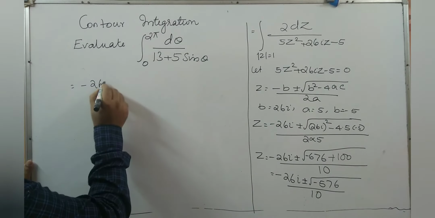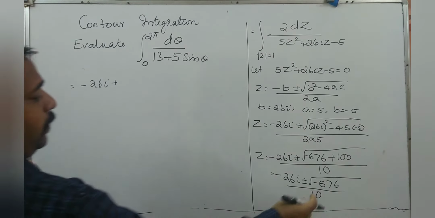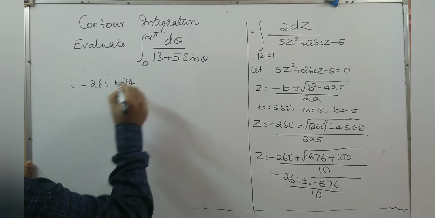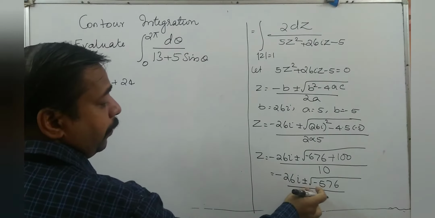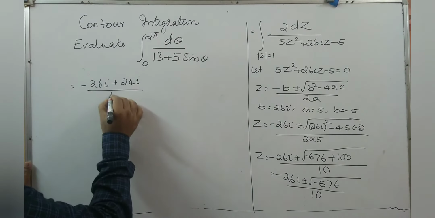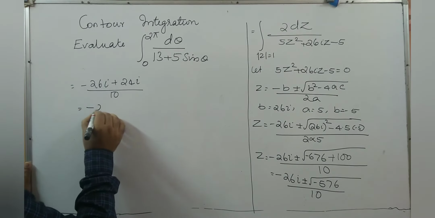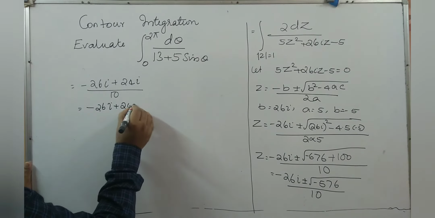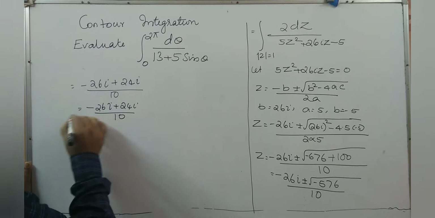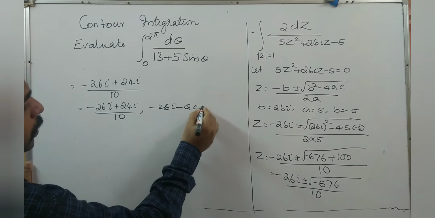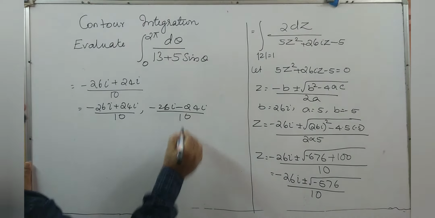So that is 6i plus, here 576 is 24, here minus 1 is i, root of minus 1 is i, whole divided by 10. So that is minus 26i plus 24i divided by 10, comma, minus 26i minus 24i divided by 10.